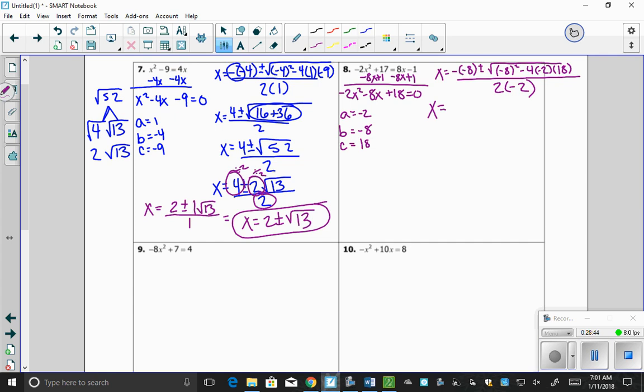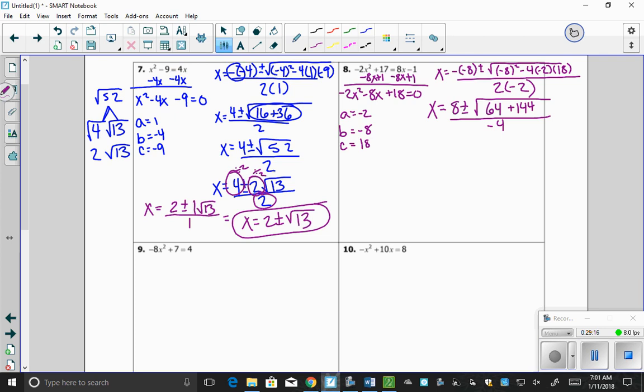X equals positive 8 plus or minus the square root of negative 8 squared, which is a positive 64, plus negative 4 times negative 2 times 18, which is 144, all over negative 4.